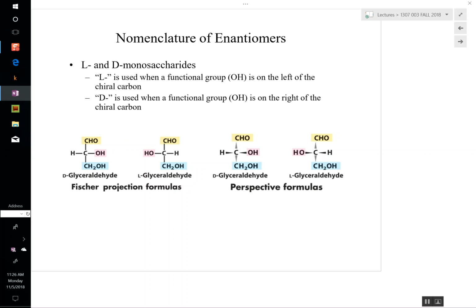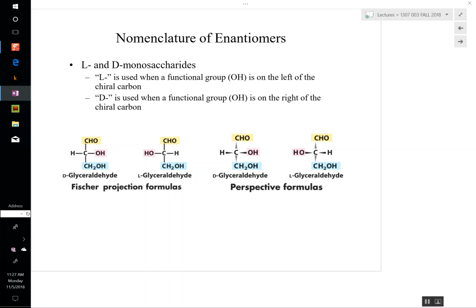And if it's a ketose, you're going to see something like this for fructose. You're going to have a carbonyl right there, and then you're going to have 1, 2, 3 chiral carbons, and then another one of these at the bottom.